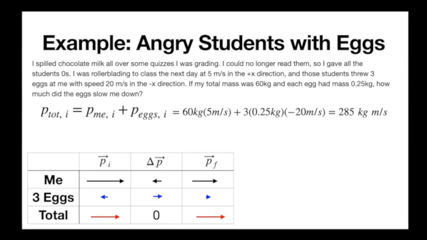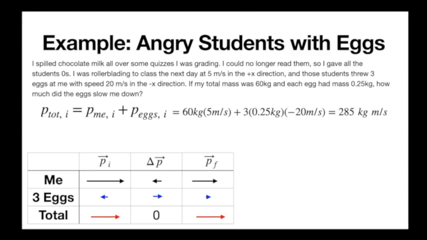Otherwise, that would represent them all moving in the same direction. So just because you only have one direction considered in a problem, make sure you don't get complacent about keeping track of the signs. Okay, so we get some initial total momentum, 285 kilogram meters per second.